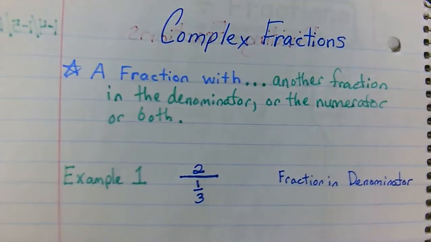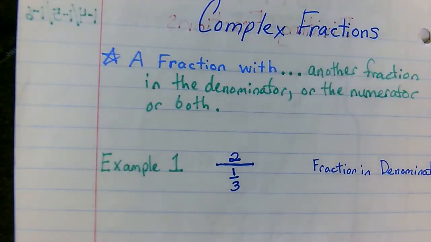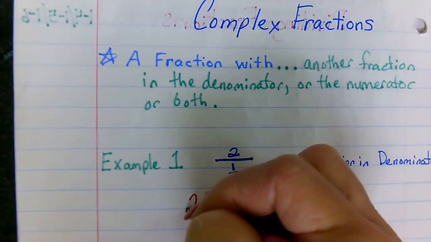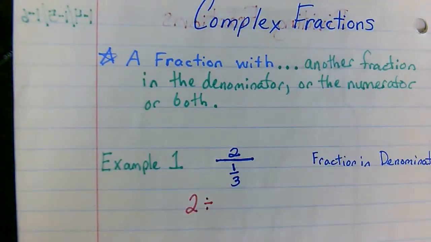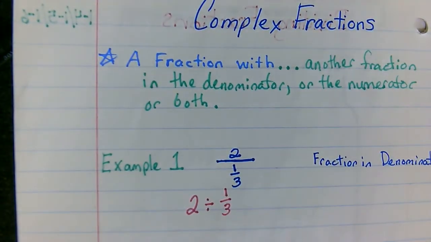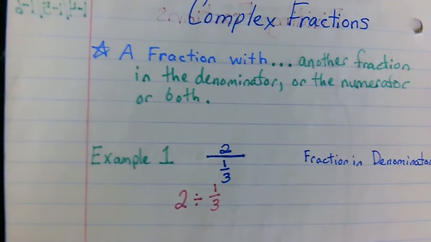Okay? Now, when you see a fraction bar, it actually means divide. So in this case, this actually means a whole number of 2 divide 1/3. And then we just follow the division rules for fractions that we've been practicing, all right?